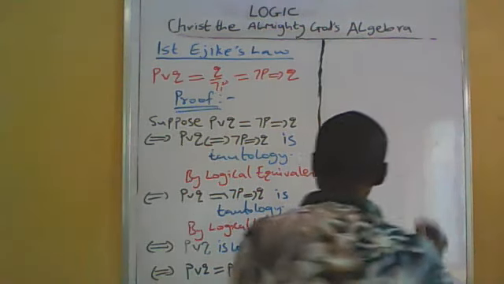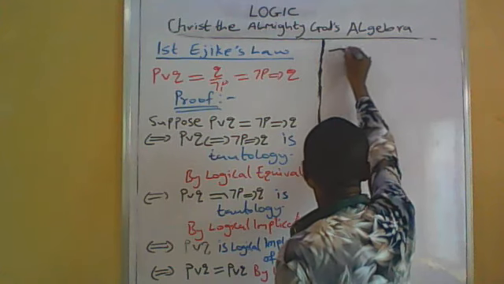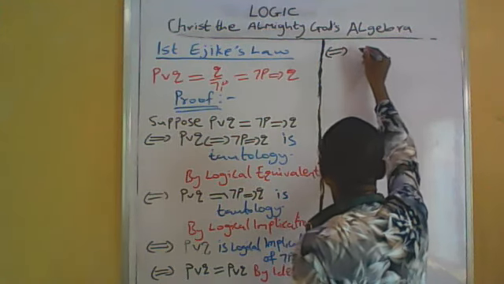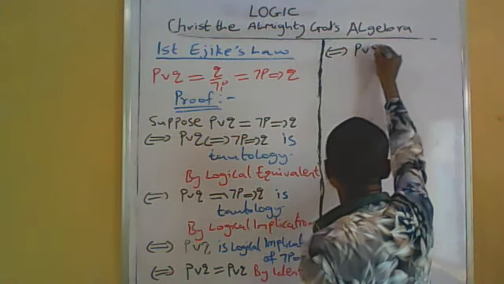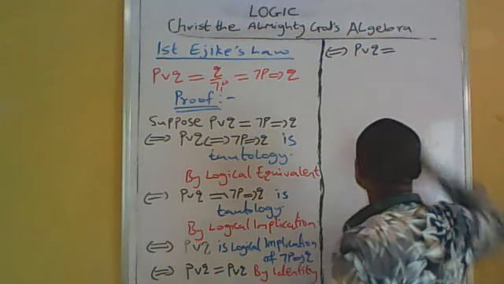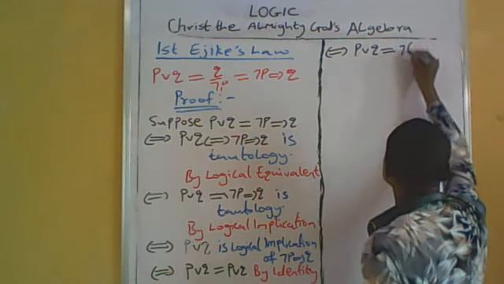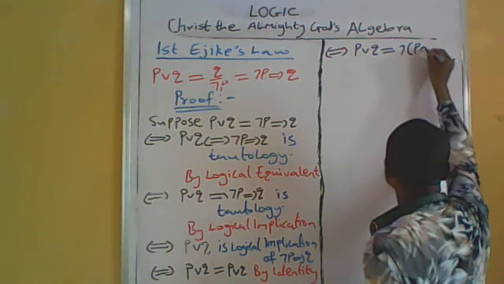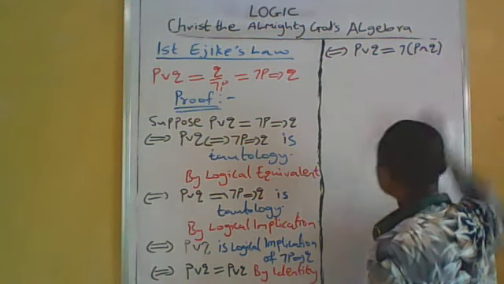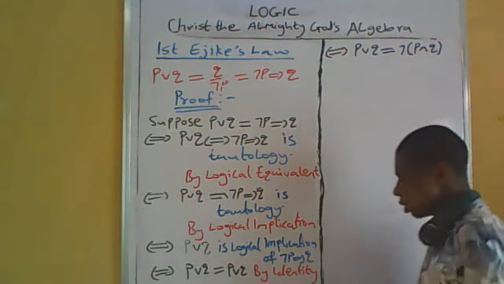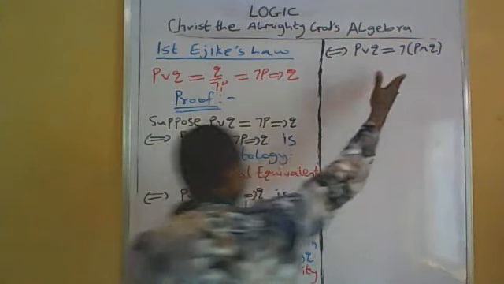So if and only if P or Q is equal to not bracket P and the Q is still logical equivalent.